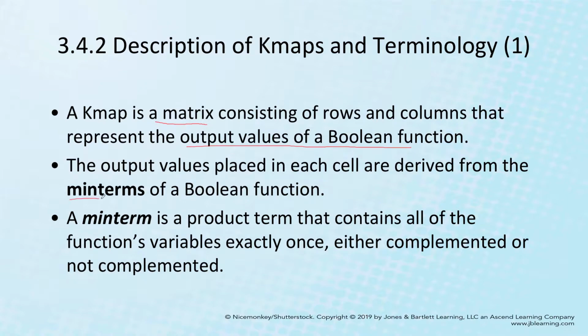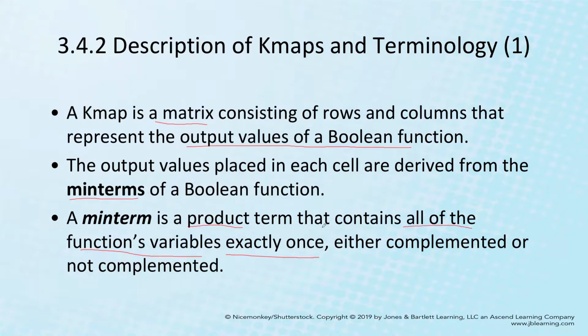Another terminology is called minterms. A minterm in a Boolean function is a product, and a product here means ANDed together, a product term that contains all of the function's variables exactly once, either in complemented or uncomplemented form.